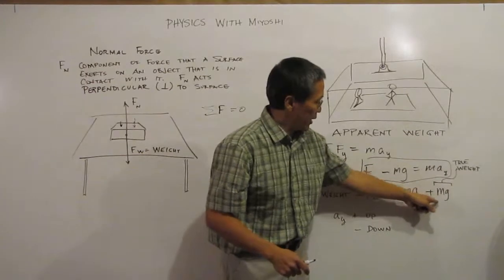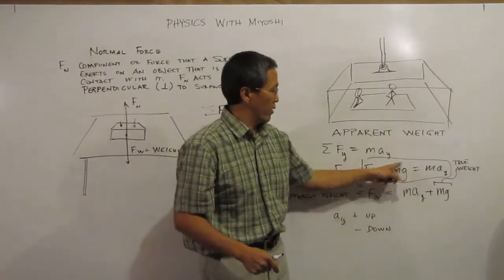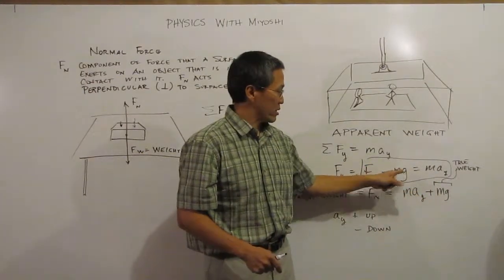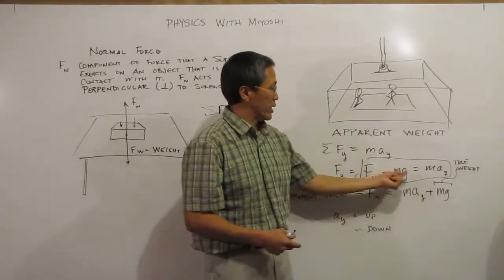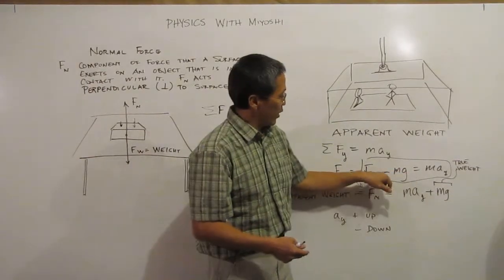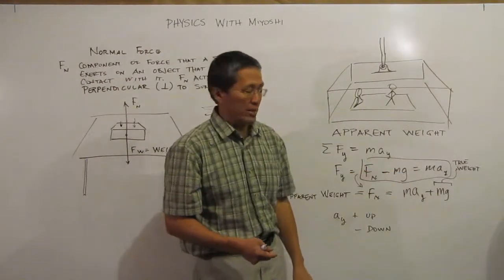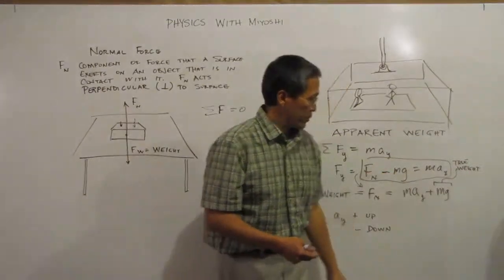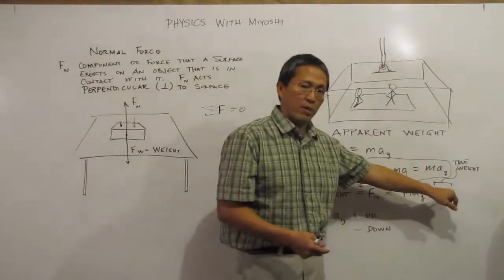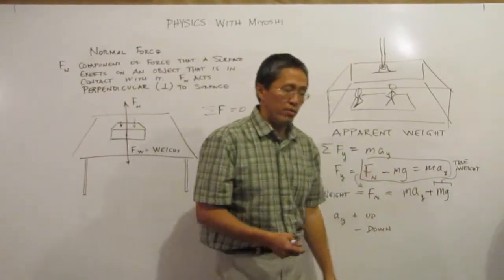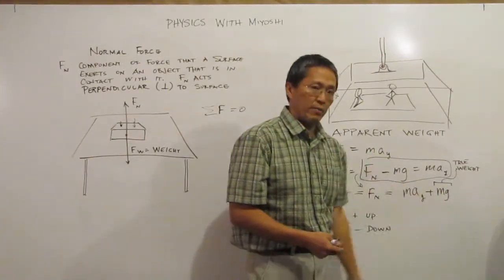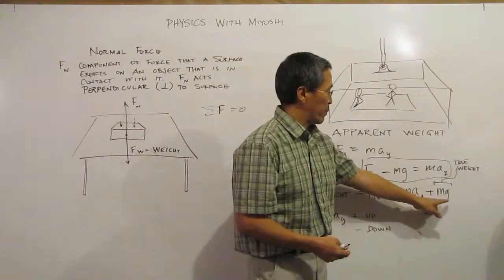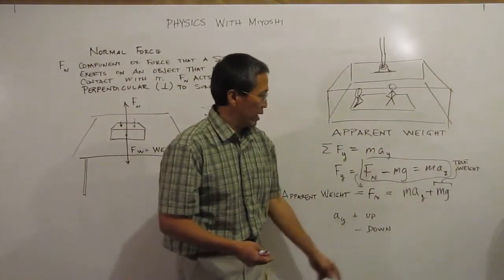Now with the g, we're just taking the magnitude of that, and the direction is taken care of by the minus sign. So this will always just be positive 9.8 meters per second squared, or positive 32 feet per second squared. That is your true weight.